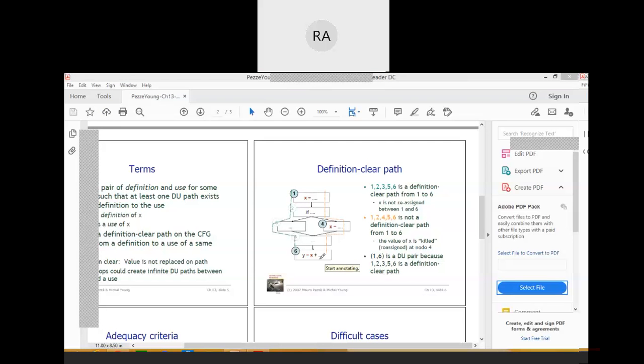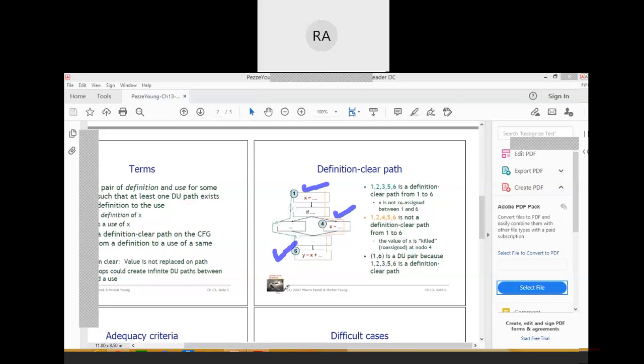Let us redefine definition clear path with the help of this diagram. At node number 1, I'm defining the value of x, and at node number 4 also, I'm defining it. At node number 6, I'm using the value of variable x.